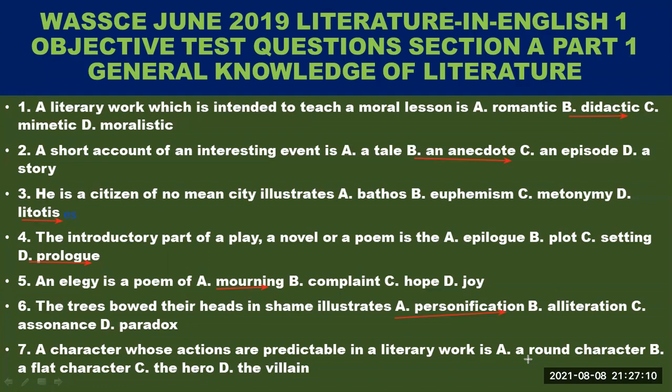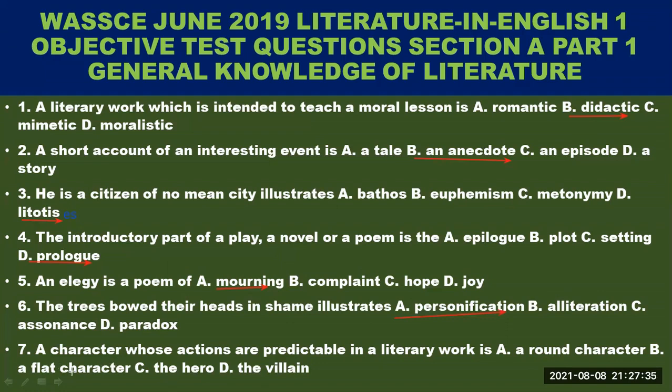Or there is a change in the character. Either the character develops, the character begins as an ignorant or naive, or a foolish character, but in the process of time, that character changes and becomes wise. A change takes place. That's a round character.